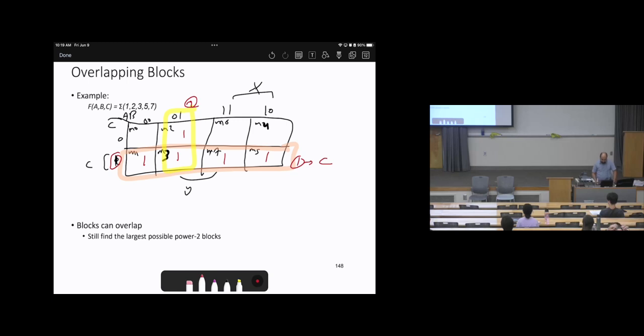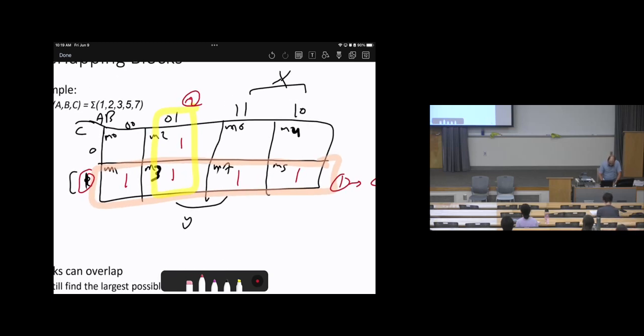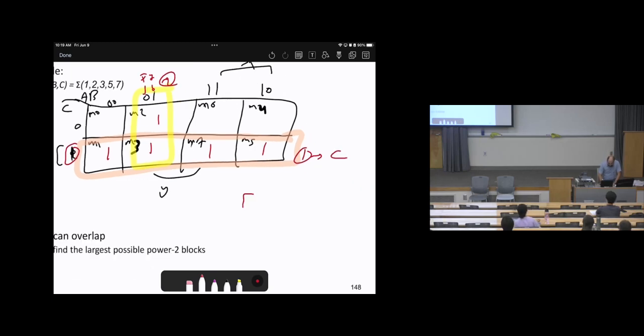How about the second loop? The second group includes two blocks, which means we need two variables. You will see it's located at 0 and 1, which means this is x bar and here is y. So x bar y. As a result, f will be x bar y plus c.